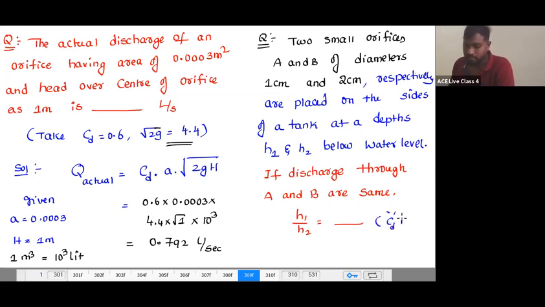CD is a constant. The CD value of both orifices is going to be the same. So come on, I need you to find out the answer for this. Just see where the changes are happening. I'm saying the same discharge, same CD. The only change is area. Come on, solve.